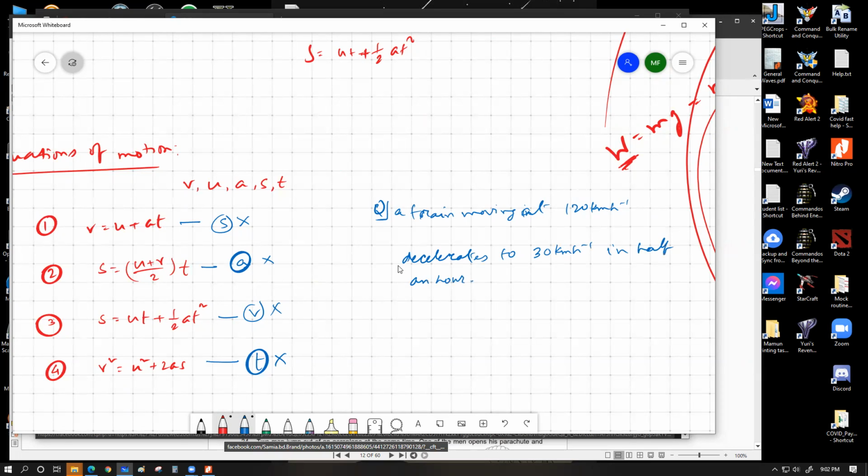Number one, A, they're asking you to find the deceleration. And then B, they're asking to find the distance covered.